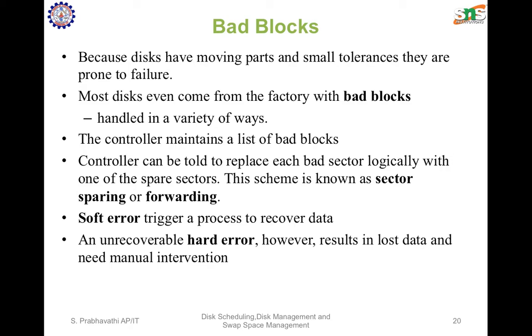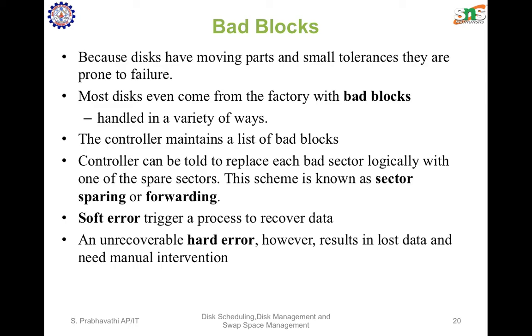As I said, since a hard disk has moving parts, when time passes, some sectors may turn into bad blocks, which means that the sector might be harmed and we cannot use it later. Or, during manufacturing itself, some sectors turn out to be bad blocks in which we cannot store valid information.